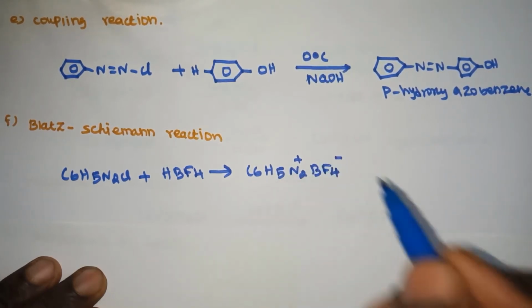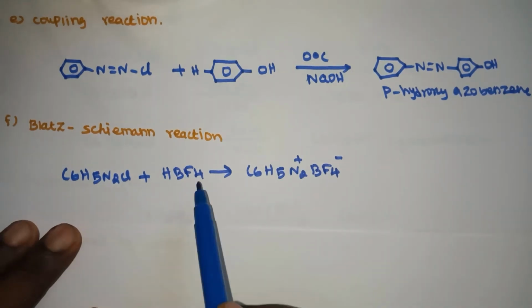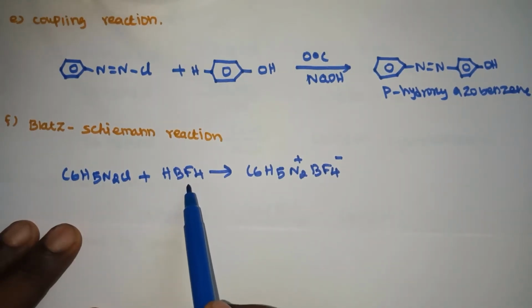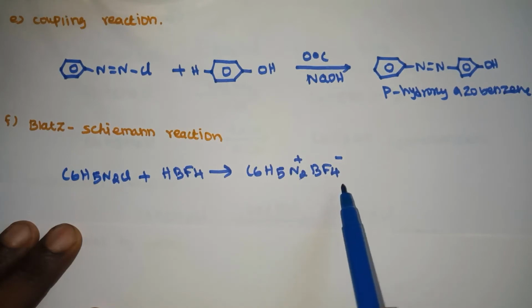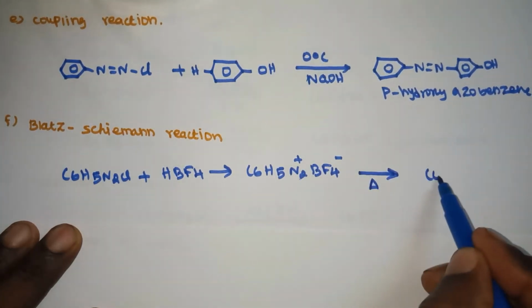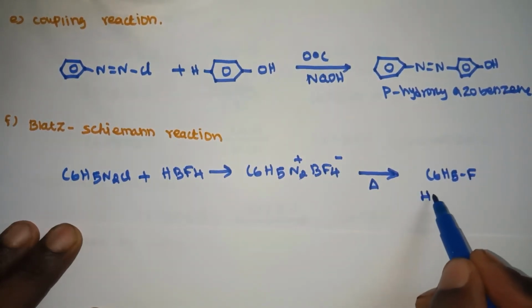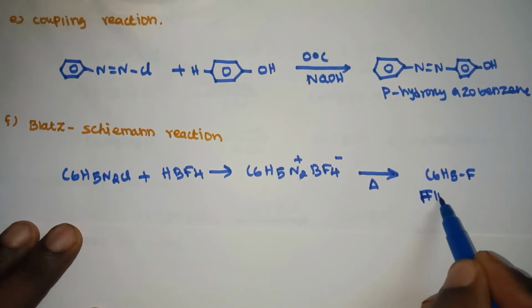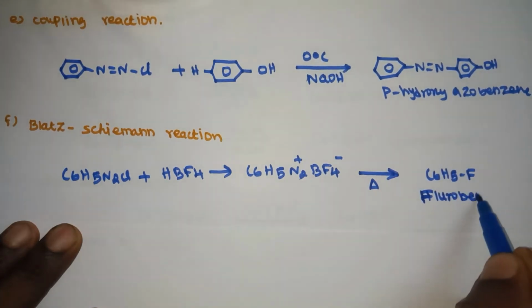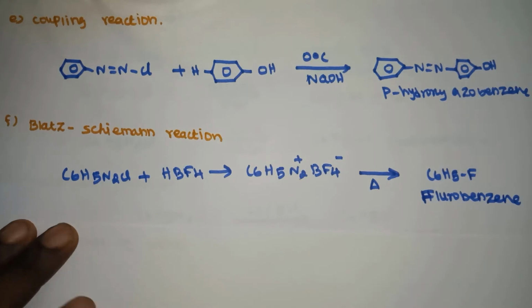This on heating forms C6H5F, which is fluorobenzene. This reaction is called the Balz-Schiemann reaction.